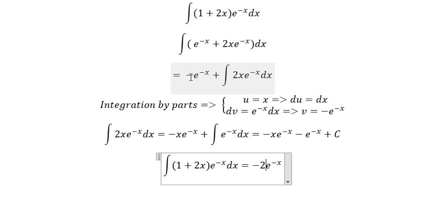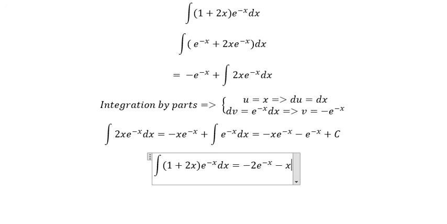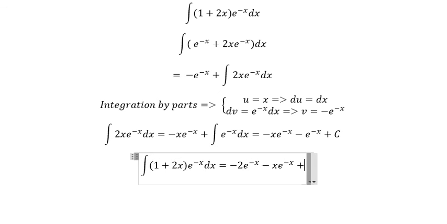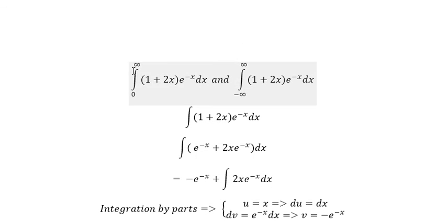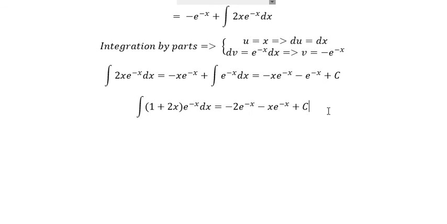Because we have 2 times negative e to the power of negative s, that's why we have number 2 in here. And now we can find the answer for each integral.